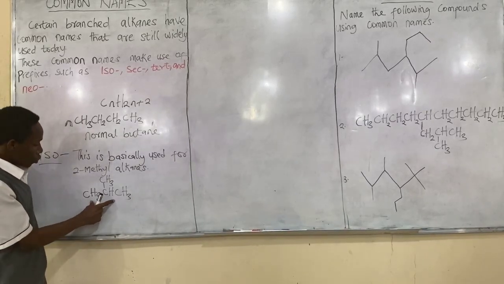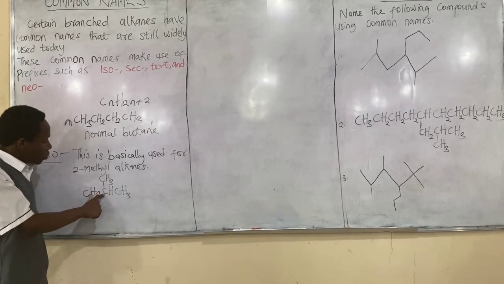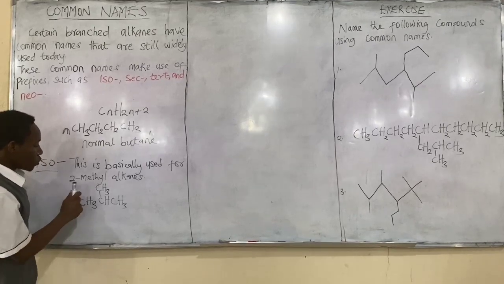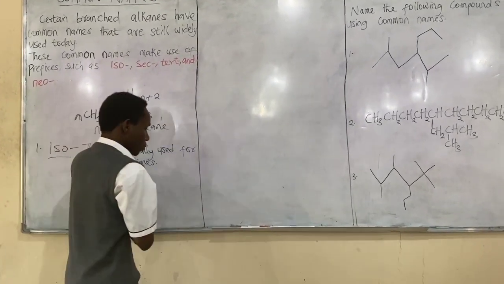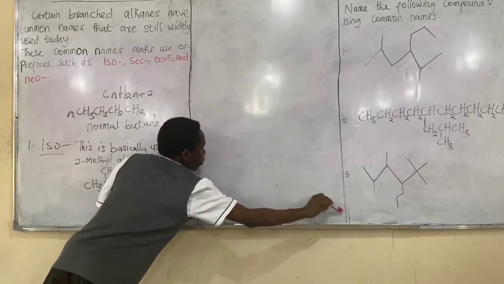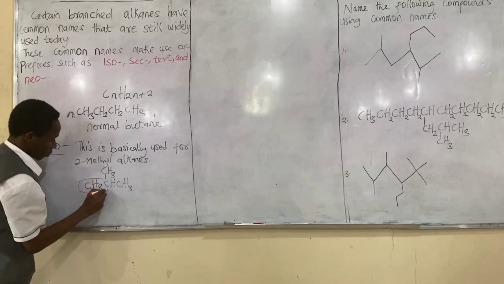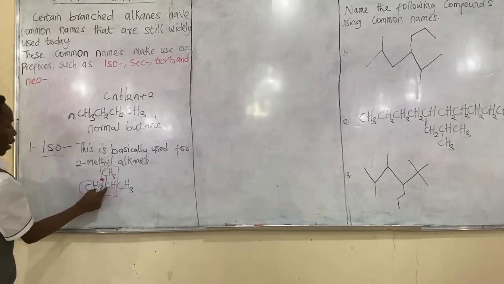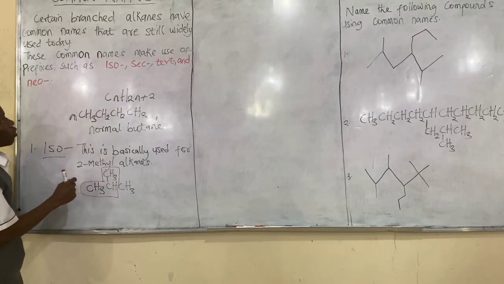So if we have this structure here, we have our methyl group on the second carbon of this alkane chain. So whenever you see something like this, this is iso. Let me use our red marker. Alright, so we have something like this. This is iso. Whenever you see something like this, it is iso.